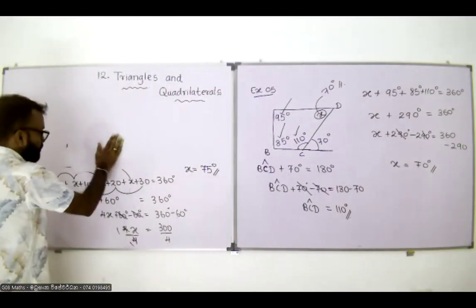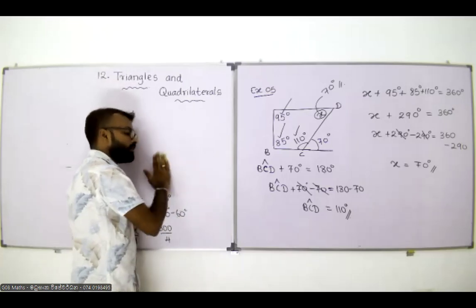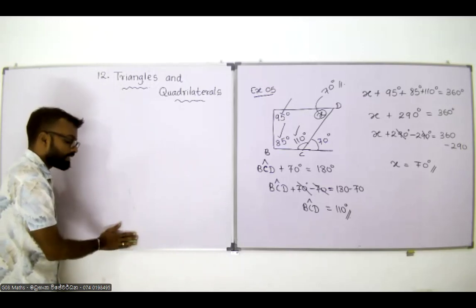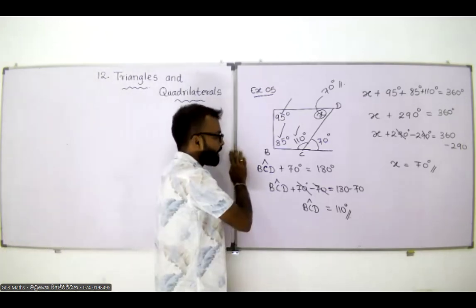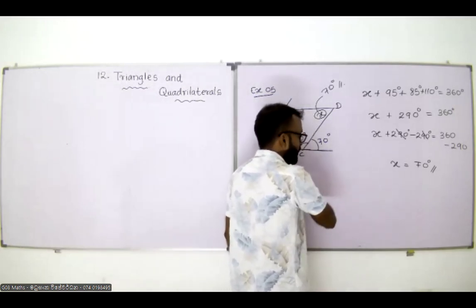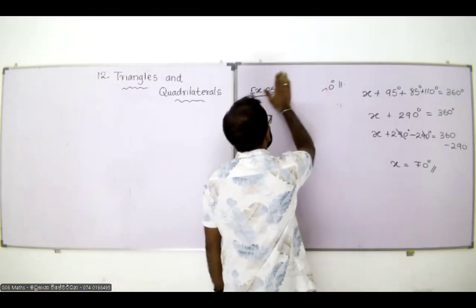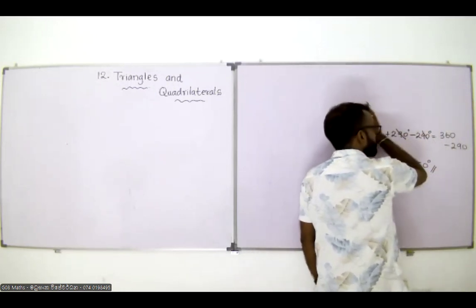Previously we discussed interior angles of a triangle and interior angles of a quadrilateral. But now we have to deal with the exterior angles of a triangle. Then we are going to move to exterior angles of a quadrilateral as well.